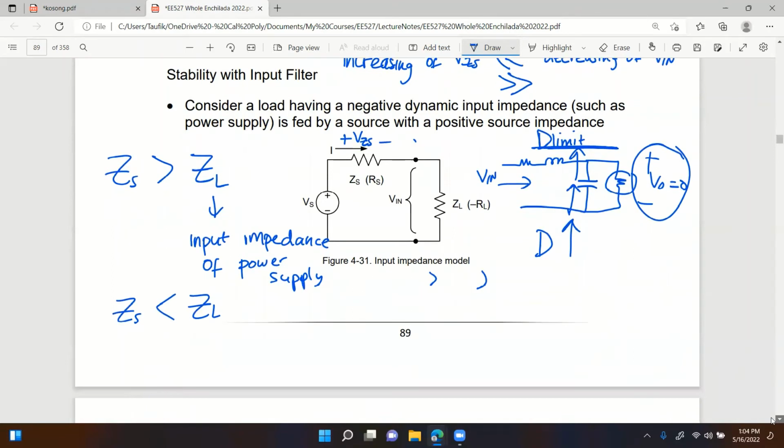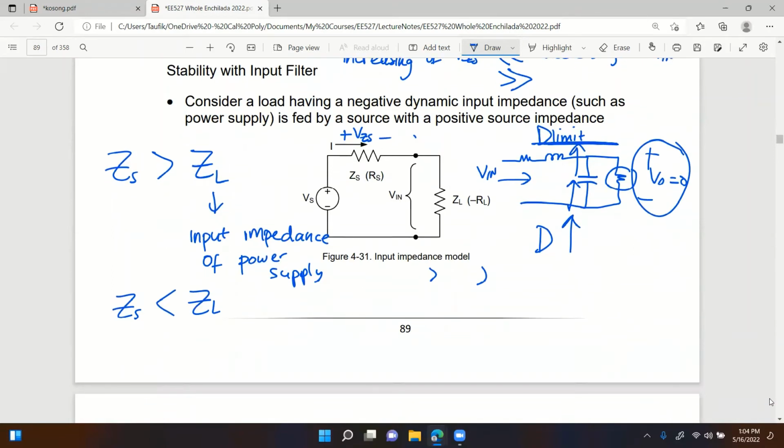All we did so far, right? We took a look at the impedance of the filter, the output impedance, or the gain of the filter, right? Or the output impedance of the filter. That's what we did 2 weeks ago.